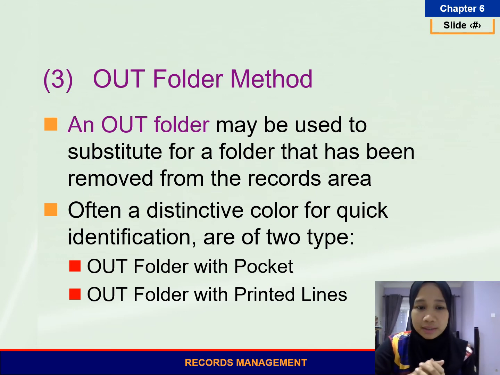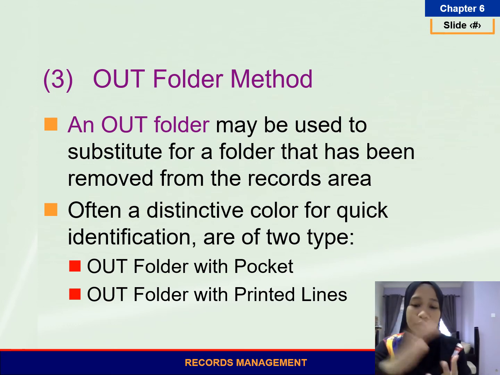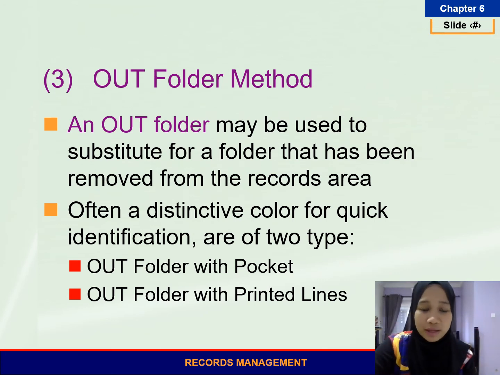Out folder kita boleh guna as a folder that has been removed from record area. Okay, so usually often we use distinct color for quick identification. Biasanya kita akan guna color yang berbeza daripada file asal lah, sebagai memudahkan kita nampak record tu telah dikeluarkan. Okay, so they will have out folder with pocket and out folder with printed line.